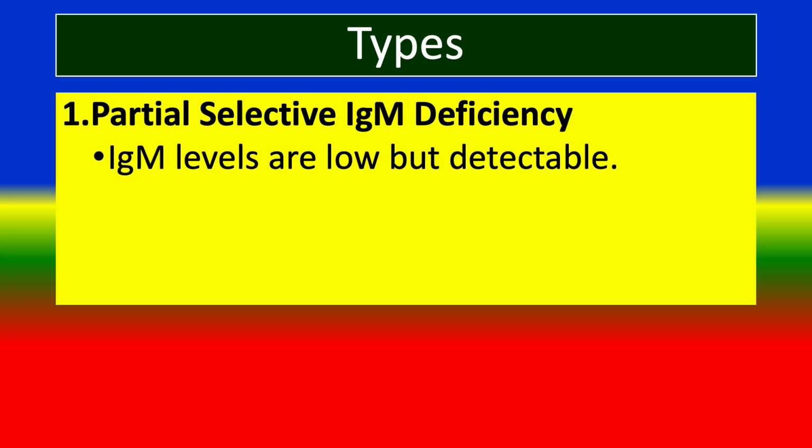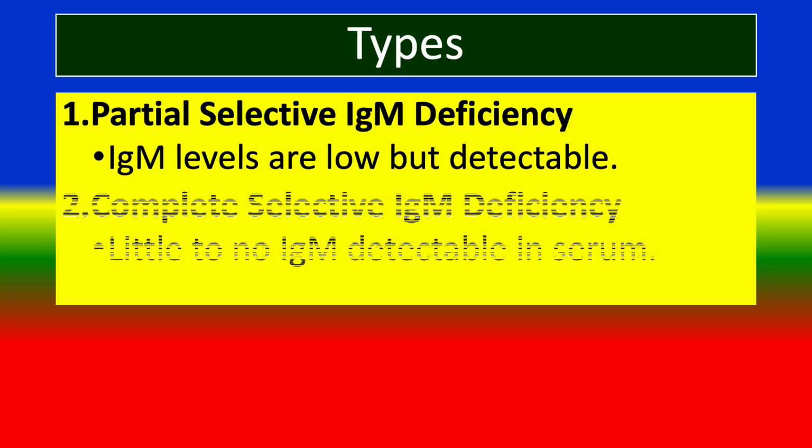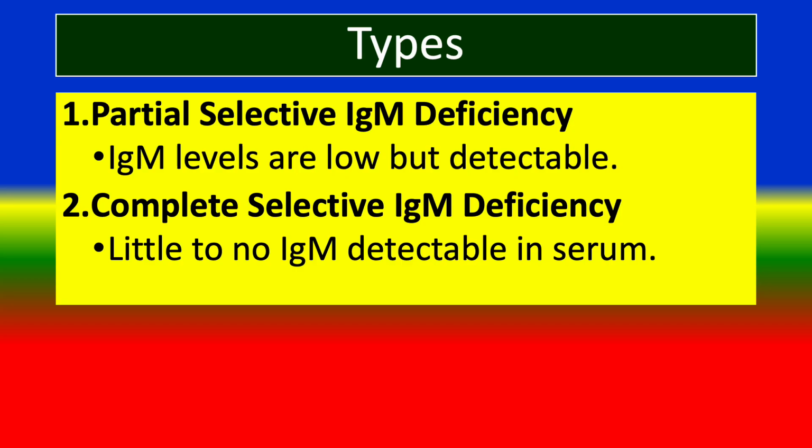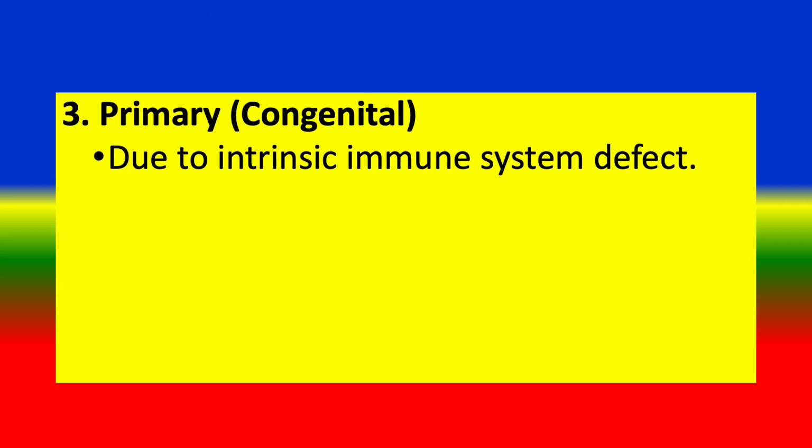Types. 1. Partial selective IgM deficiency: IgM levels are low but detectable. 2. Complete selective IgM deficiency: little to no IgM detectable in serum. 3.